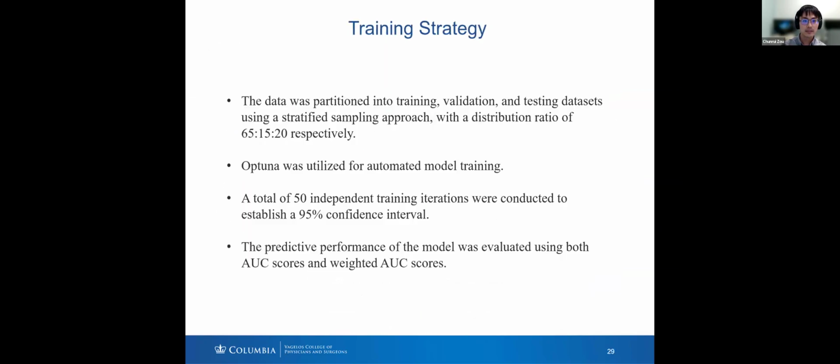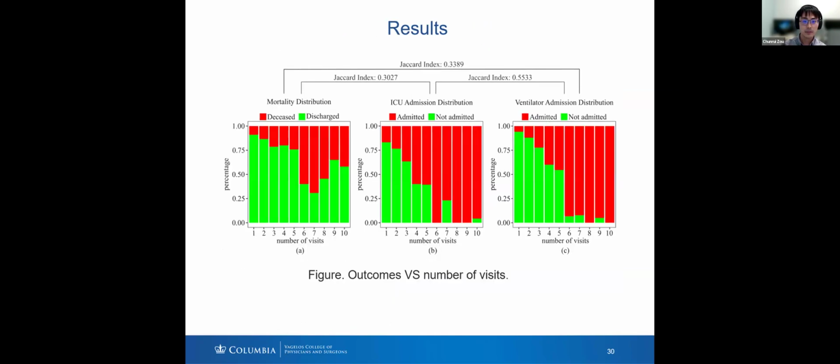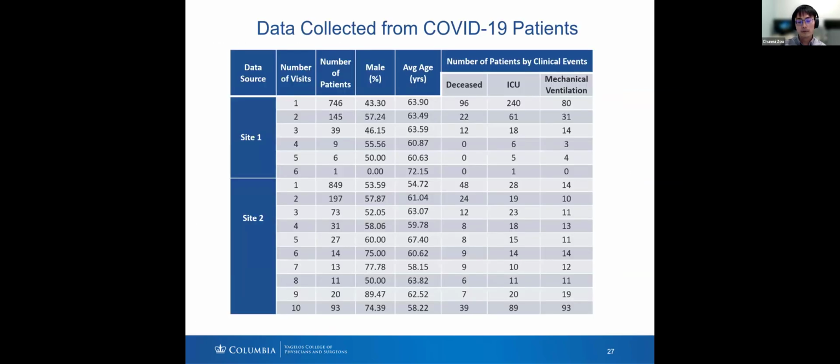In our data set, we do have some limitations related to the question. For the outcome mortality, we don't have to answer this question because all the CT scans were taken when the patient was alive.